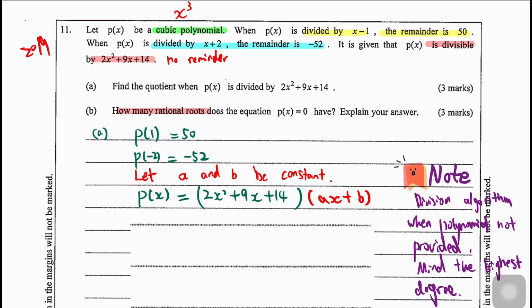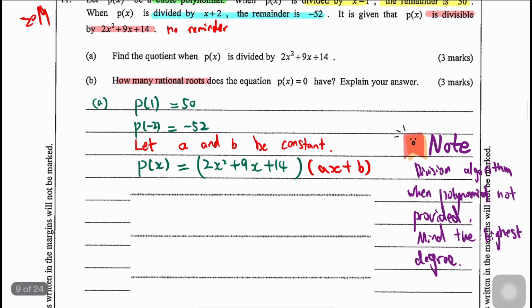So this x here won't be to the power 2, it won't be x squared, because when they are multiplied together, it will be power 4. So here, we know the highest degree is 1. The constants we let here include all the possibilities. It can be negative, it can be positive.